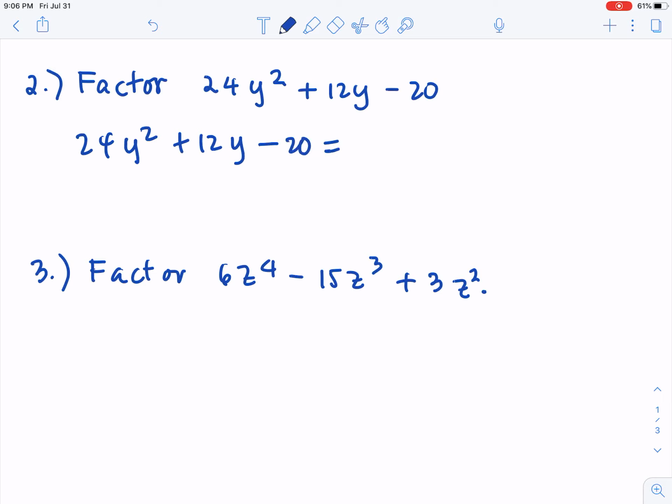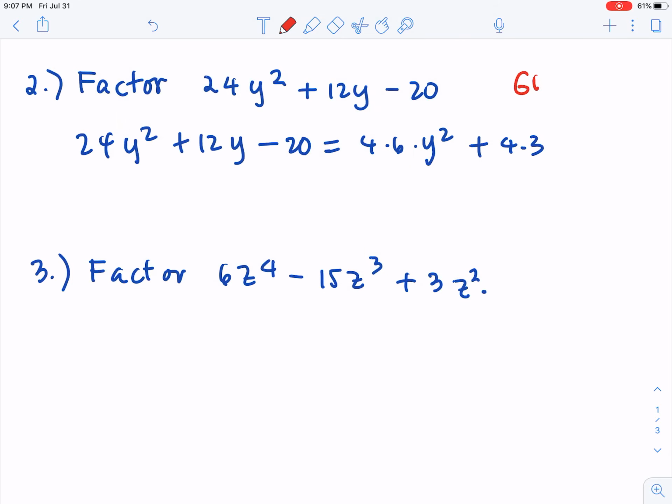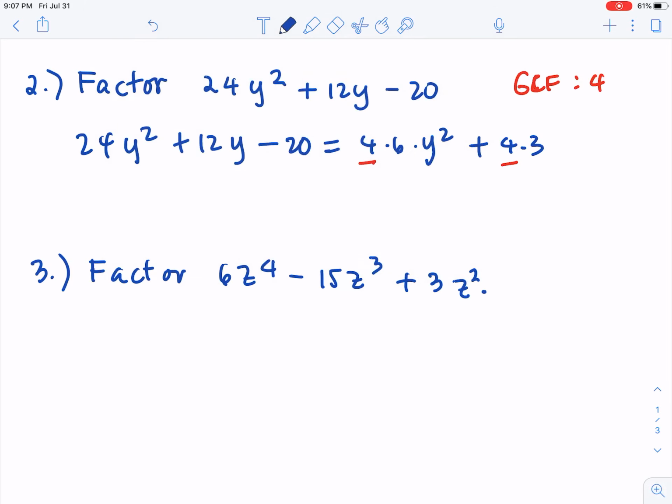No? So, 24 is 4 times 6. Times y squared, and then plus 12y. 12 is 4 times 3. So nakikita nyo yung GCF niya ay 4. GCF or GCD is 4, di ba? Dapat may 4 sa bawat term. And this one minus 4 times 5.